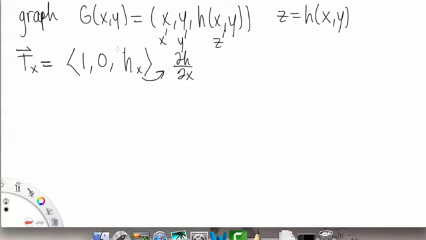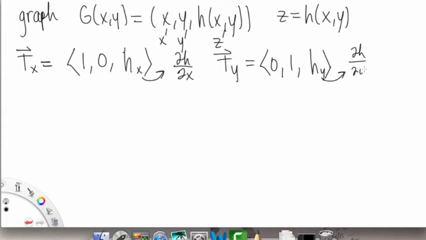Okay, and we obtain this by taking the partial derivative of each of the components with respect to x. Okay, so similarly for the tangent vector of y, that's going to be 0 and then a 1, and then h sub y, which refers to partial of h with respect to y.